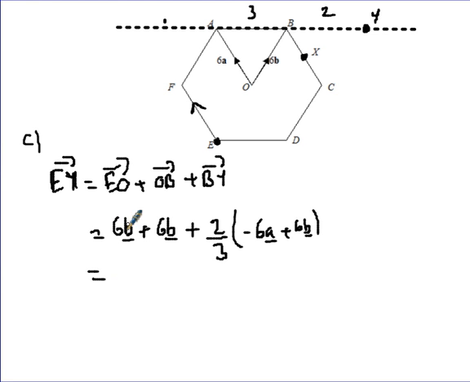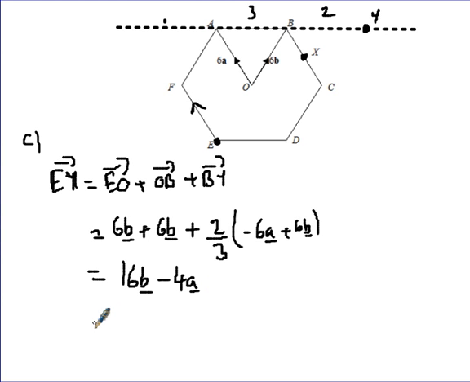So that will then give us 12B plus another 6B on top, which will give us 16B, and then divided by 3 is 2 times by 2, which is, so it's minus 4A. So we've now worked out that EY is that.